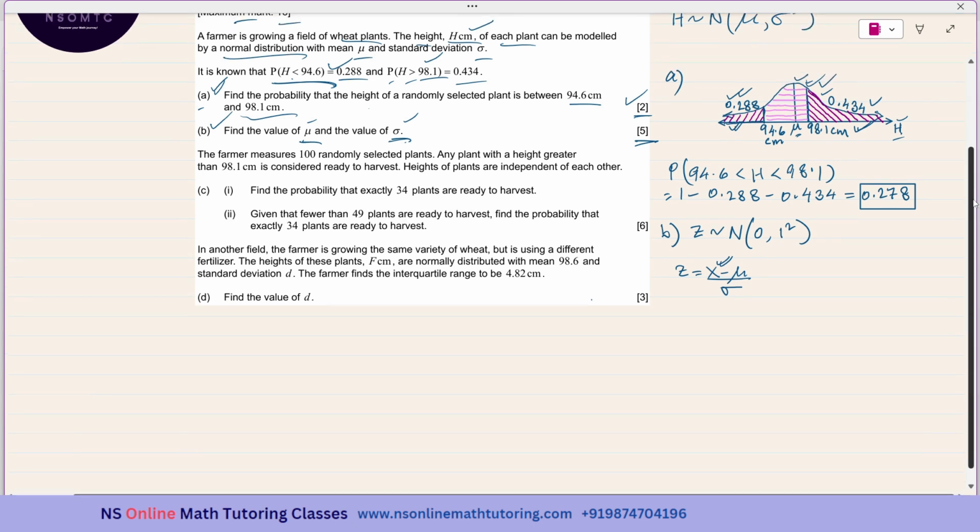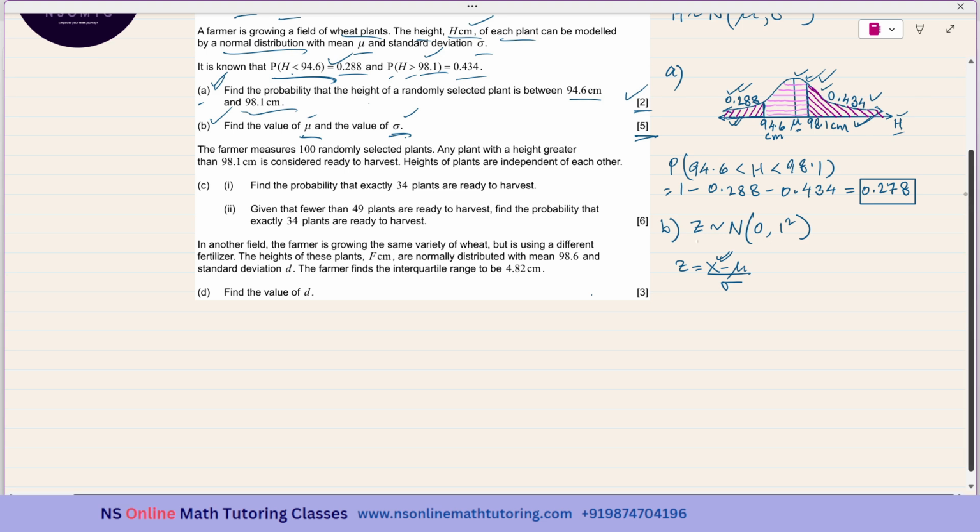First of all, I'll get the Z values. First probability I write as Z less than Z1 is equal to 0.288. Let me find the value of Z1.